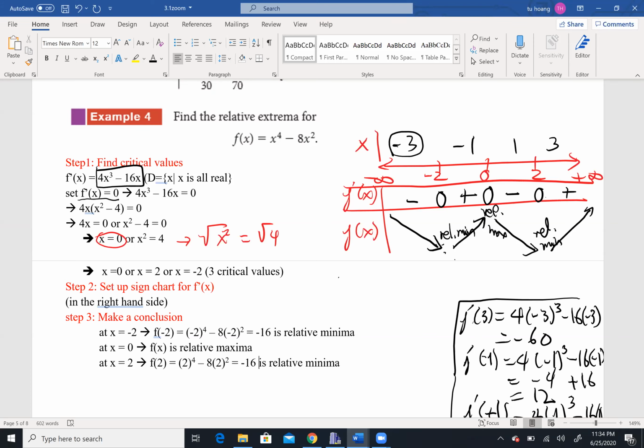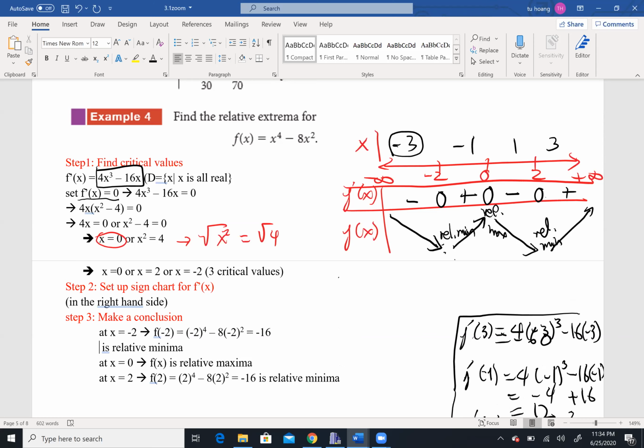Oh, I should also say it's at the ordered pair, which is negative 2, comma, negative 16, is a relative minima point.